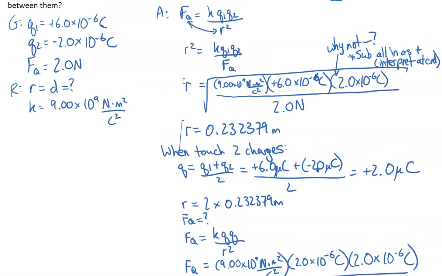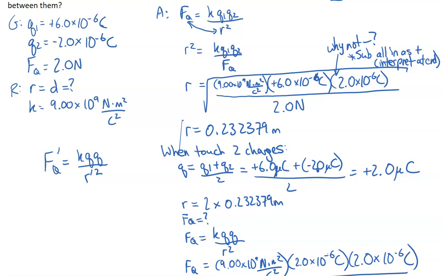You could rearrange for R, like we did here, and instead of calculating R there, you could come up with another expression for afterwards, call it F, equals k Q times Q divided by R prime squared, where the primes are the new values.